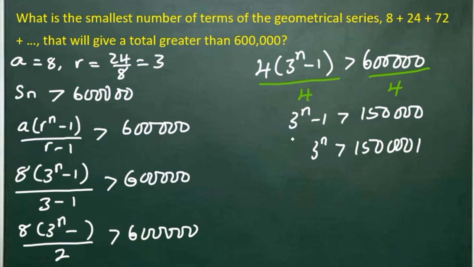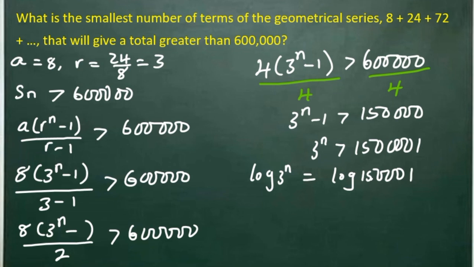In this case, let's take the logarithm of both sides of the expression. Taking the log of both sides, we have logarithm of 3 to the exponent of n equals logarithm of 150,001.